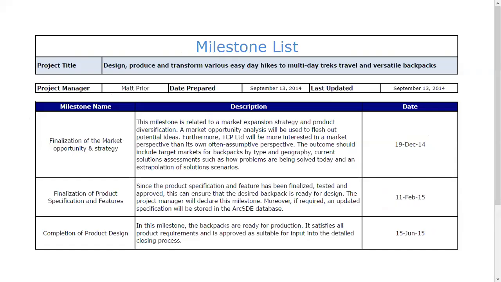Here's our milestone list, and you can see we have the milestone name, we have a description of what the milestone is, and then we have the date. So a milestone is a date, it's a day, right? A particular date, a particular day that signifies the accomplishment of something or an event, okay? It's very important that you think of a milestone as a zero duration event.